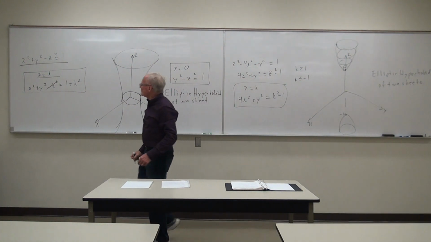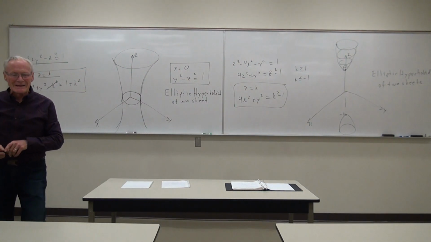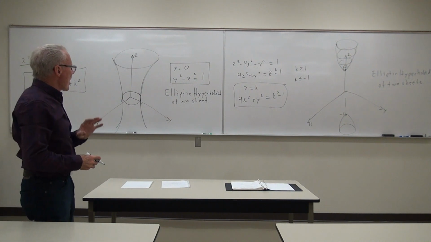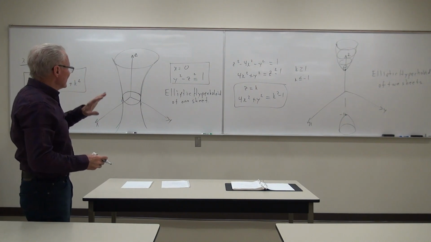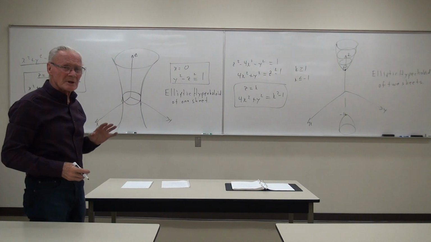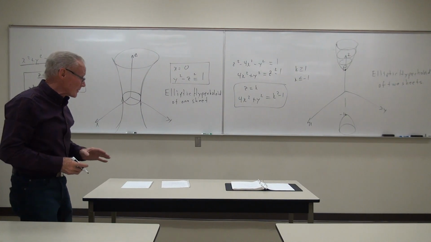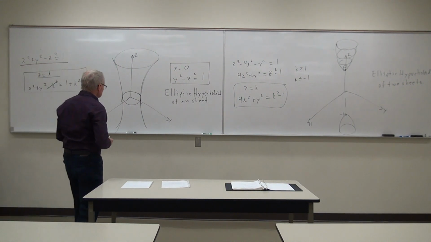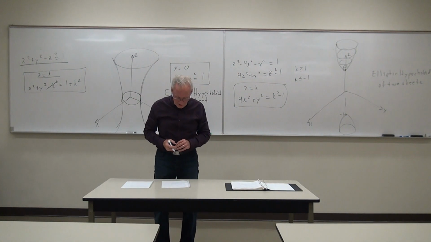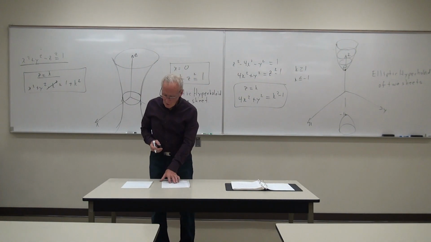So there are some of the 9 different kinds of quadric surfaces drawn here, I think the ones that cause most difficulty for students in general. What you have to do is go practice.